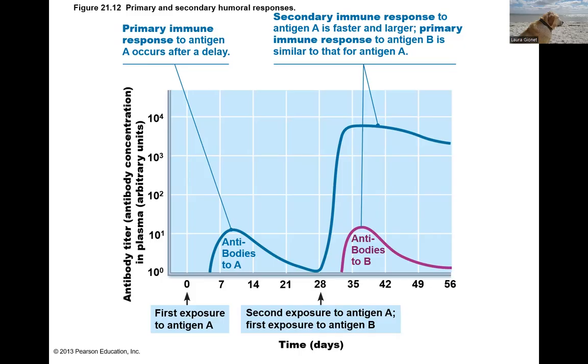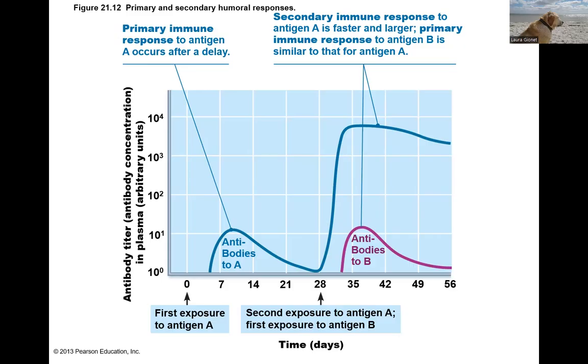If you can introduce a dead virus, and sometimes it's a live virus, and now we use messenger RNA, which bypasses this and makes your response even faster, if you give a small quantity of something that's not going to get you sick, it stimulates this whole process and you stay asymptomatic. And so you develop these memory cells.